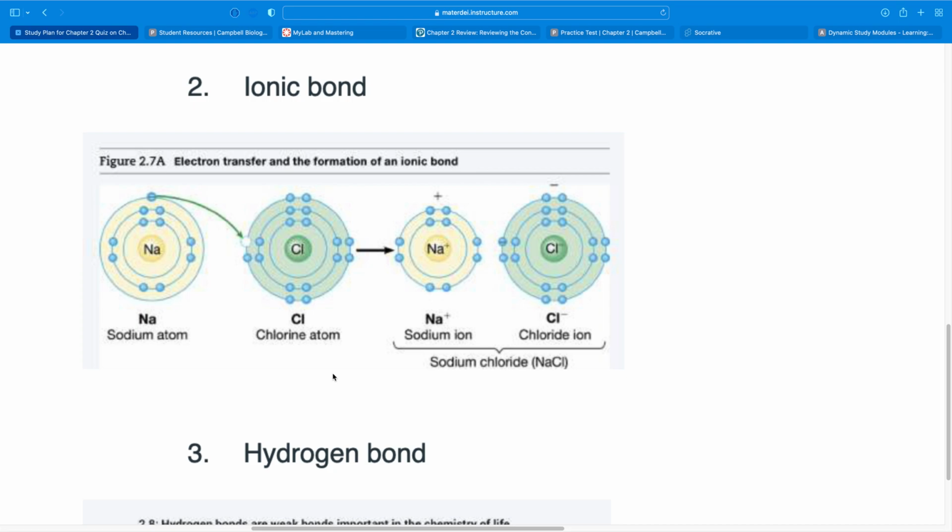It's neutral. But when it picks up sodium's electron, now it has 18 electrons and 17 protons. So it has a net charge of -1 from that extra electron. So now opposites attract, and they're electromagnetically attracted to each other.